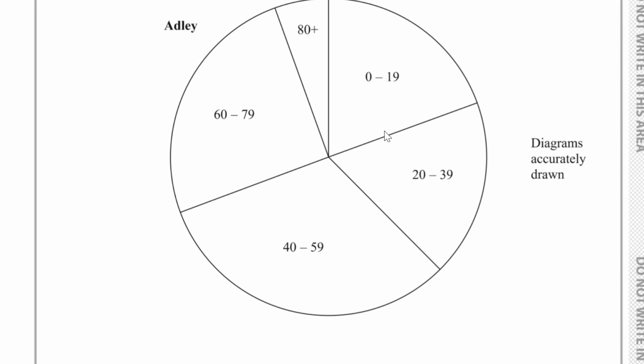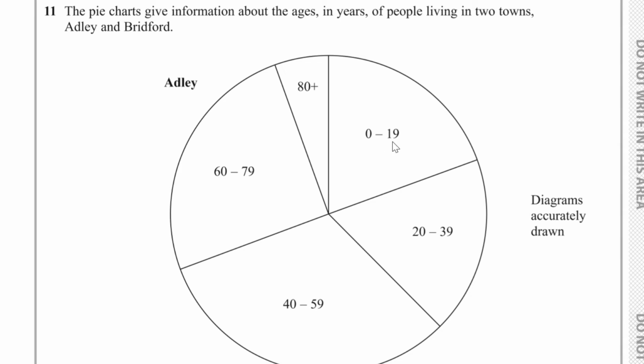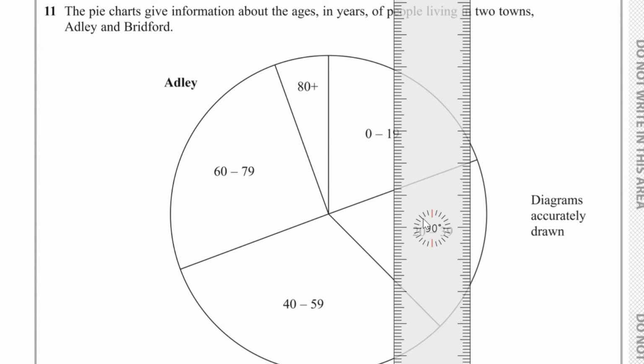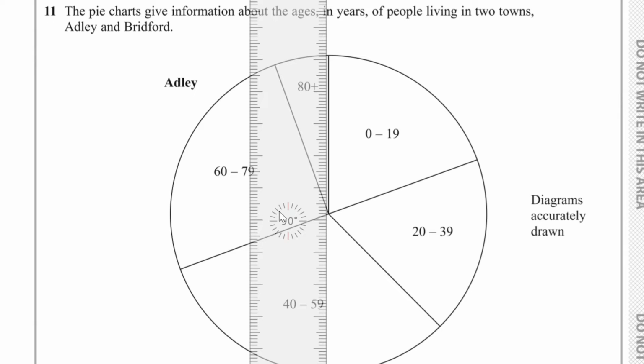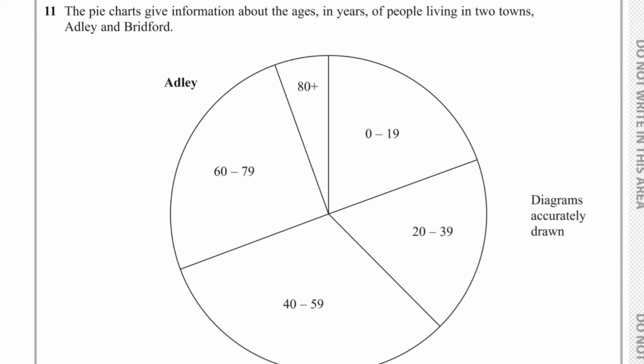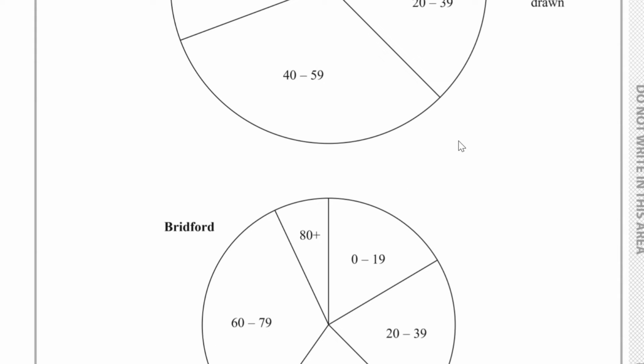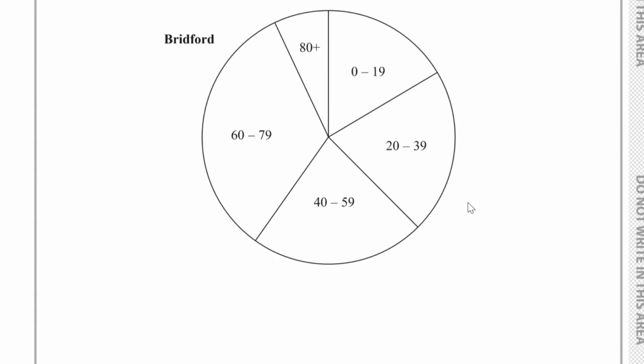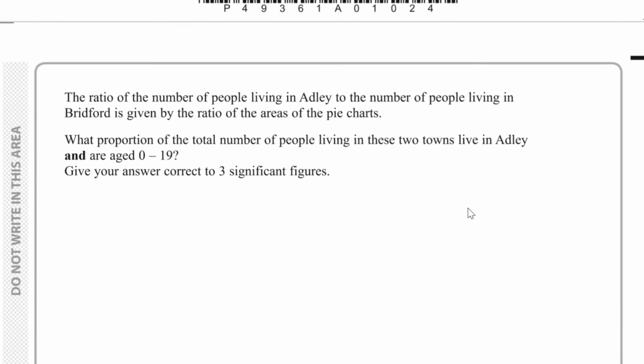So if you go to Atley and then aged 19, we're looking at this category over here. Now, first of all, let's find the radius. You can see that the radius is 5 centimeters here. So we've got 5 centimeters for the radius of the pie chart for Atley.